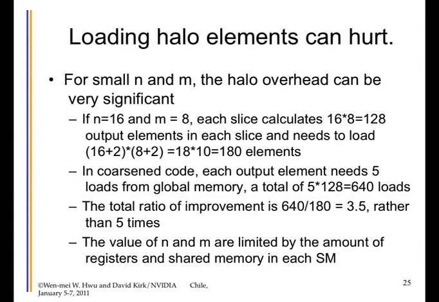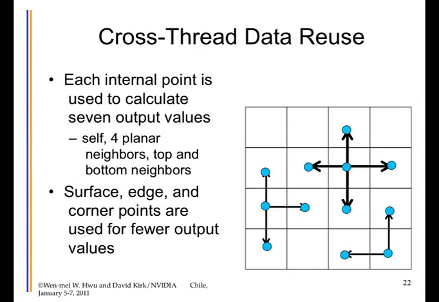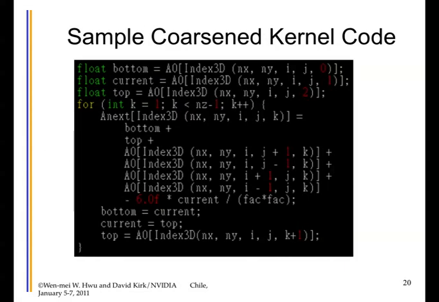Yes, you can. The question is, do you get any branches from the halo cells? You cannot avoid branches either way. You either need to have some branch at the end of the kernel when you move back to the loop where you put the halo cell in, or you need to test the halo cell here if you didn't load it.